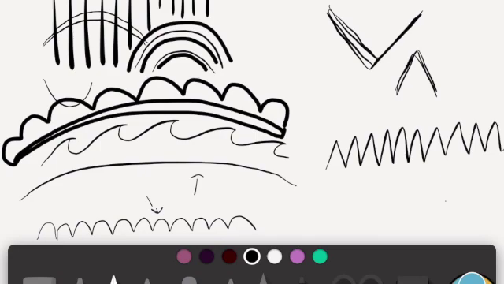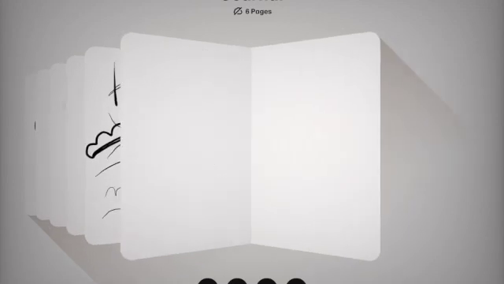Now, let's look at our lines and put them together. So I can make an angle and a line and put those together to make a triangle. I could make 4 lines to make a square or a rectangle.